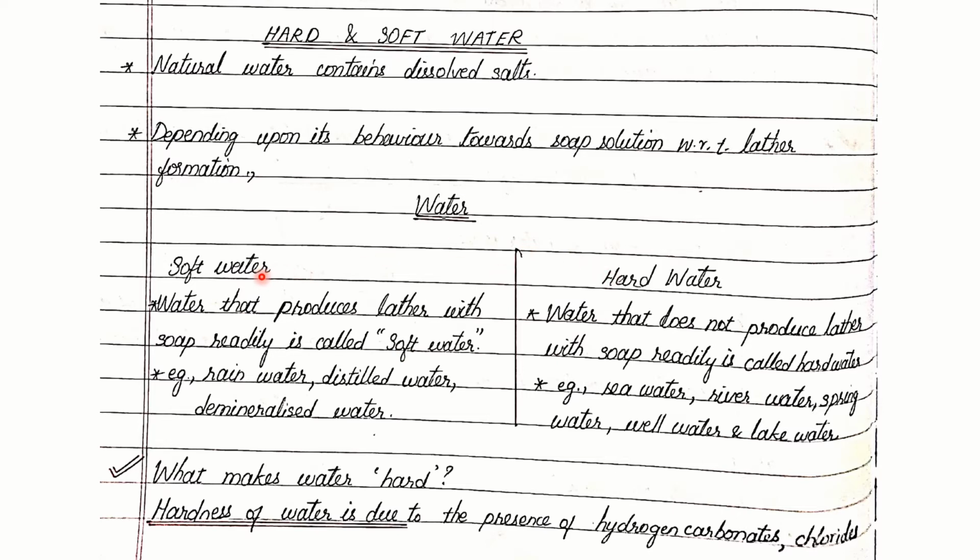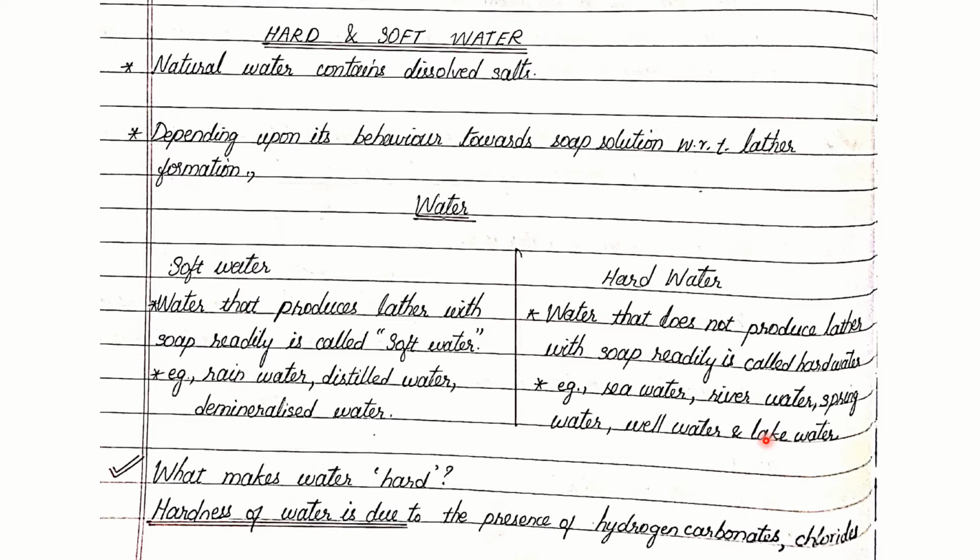What is soft water? It produces lather with soap readily. Hard water does not produce lather readily with soap. Examples of soft water are rainwater, distilled water, demineralized water. Examples of hard water are sea water, river water, spring water, well water, and lake water.